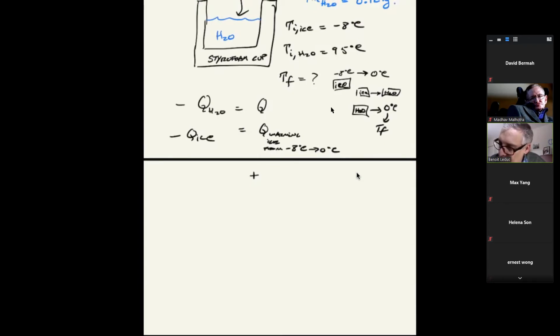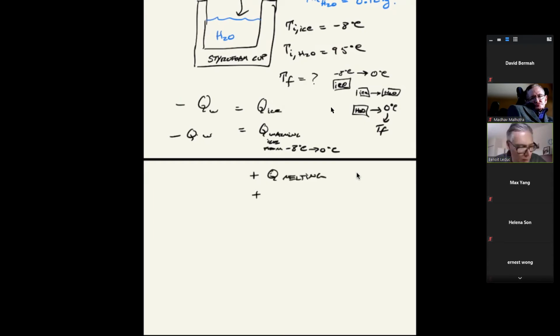So I'll put water here. And here it'll be the ice, plus, of course, the amount of ice that gets turned into water, so the melting.